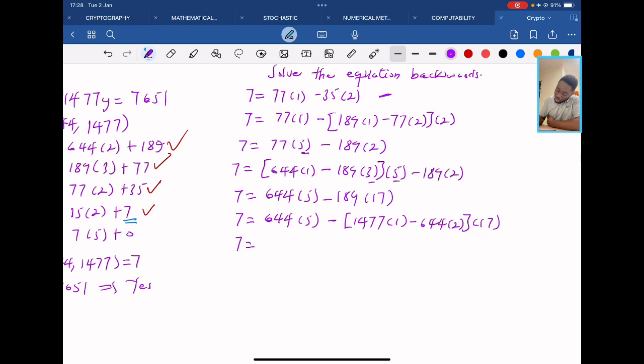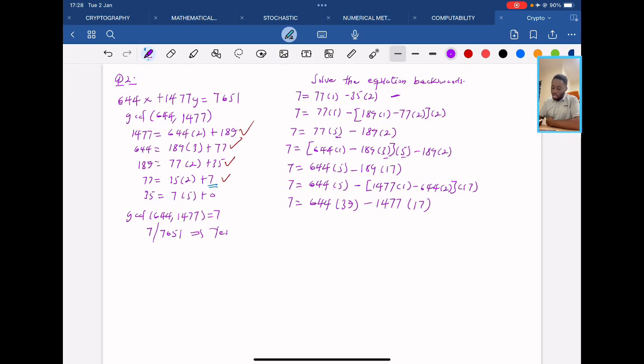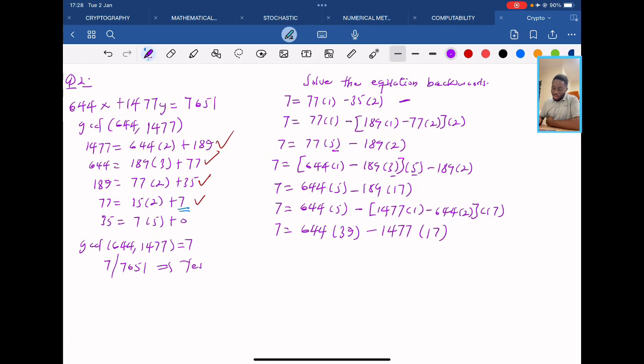So 7 is equal to 644. We have 5 here already. 2 times 17 is 34, so we have 39 minus 1477 times 17.